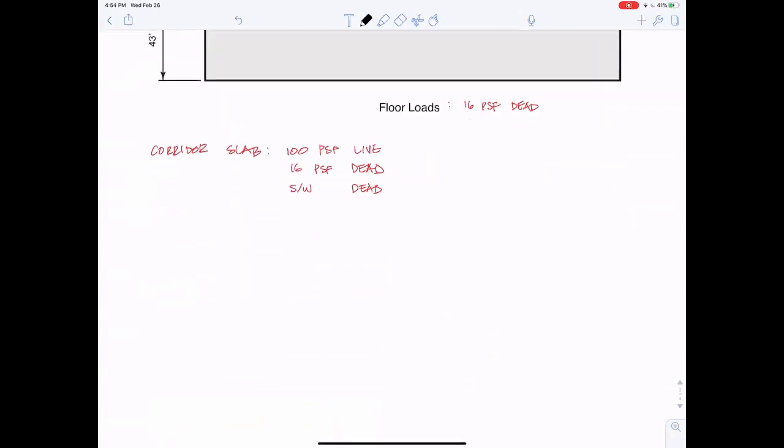So our 5-inch slab has a self-weight of 5 over 12 feet times 150 pounds per cubic foot, which is 62.5 psf. Q ultimate is 1.2 dead, which is 16 plus 62.5, plus 1.6 live, which is 100.